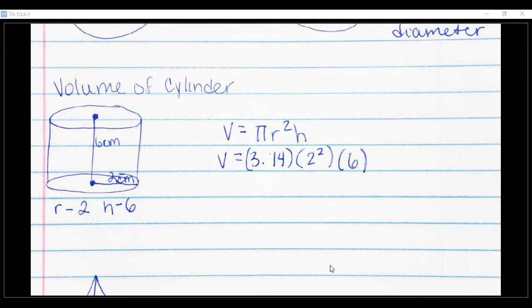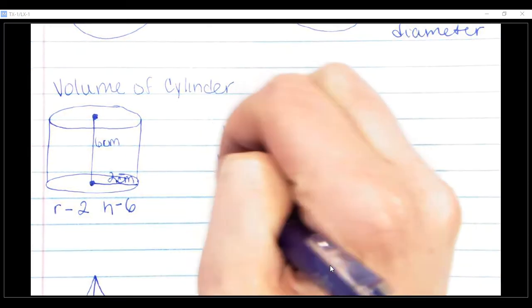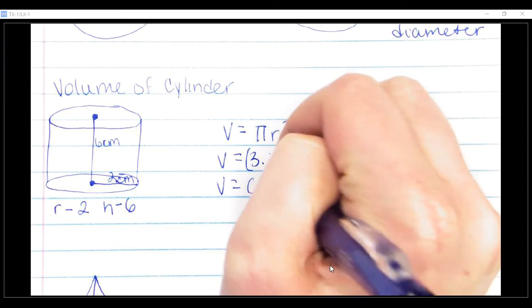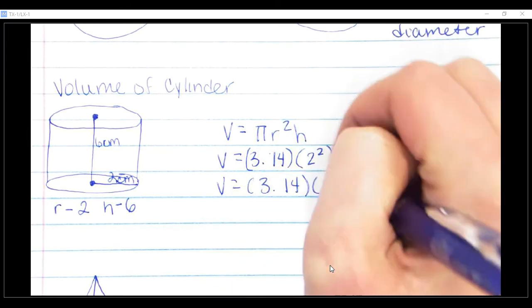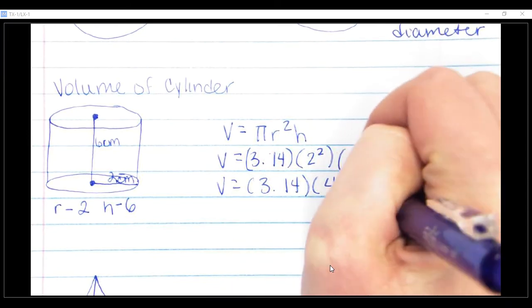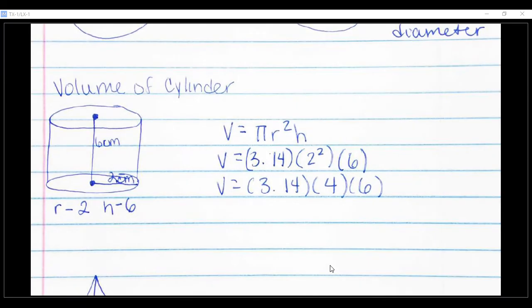From here, I'm going to use order of operations to solve. Order of operations means that we're going to do parentheses first. We don't have anything inside the parentheses but individual numbers, so we're going to move on to exponents. I'm going to do my exponents first. I know that 2 squared is 2 times 2, which equals 4.